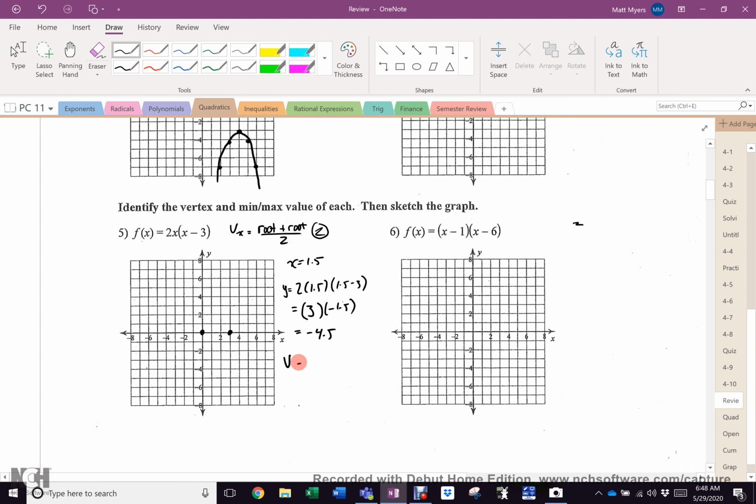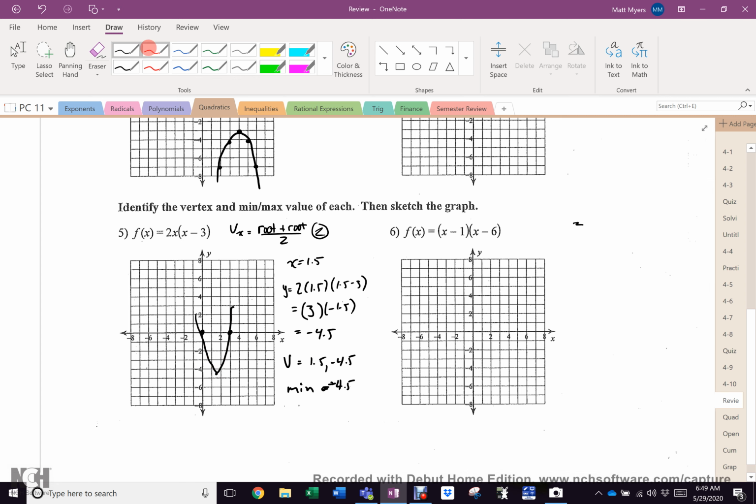So my vertex equals (1.5, negative 4.5). Since A is positive, that's a minimum value. Minimum equals negative 4.5. And it'll look like this.